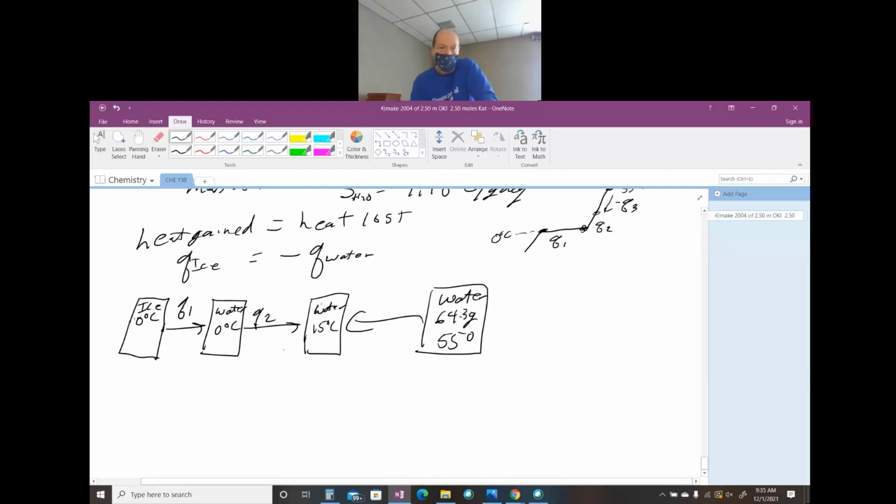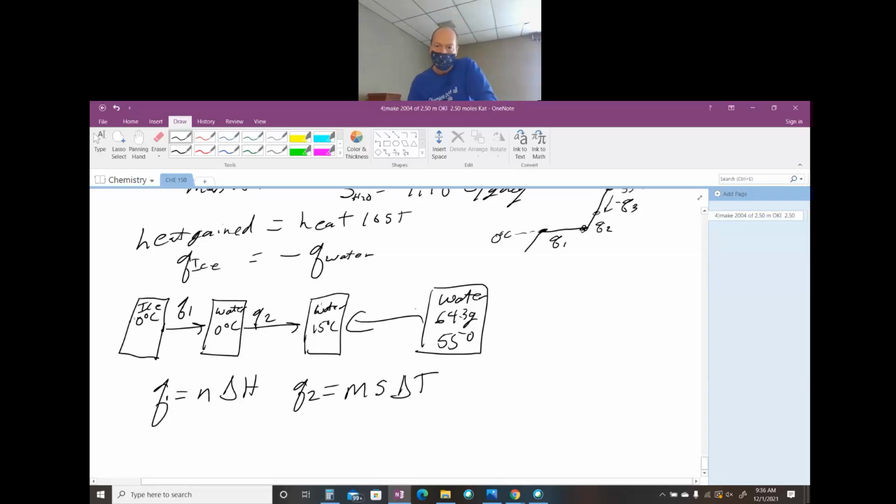So my ice melted, whatever mass that is, plus the 64.3 grams here. In order to get Q1, that is going to be moles times delta H, since we're melting it, the heat of fusion. To get Q2, that is increasing temperature, and that equation is m s delta T.